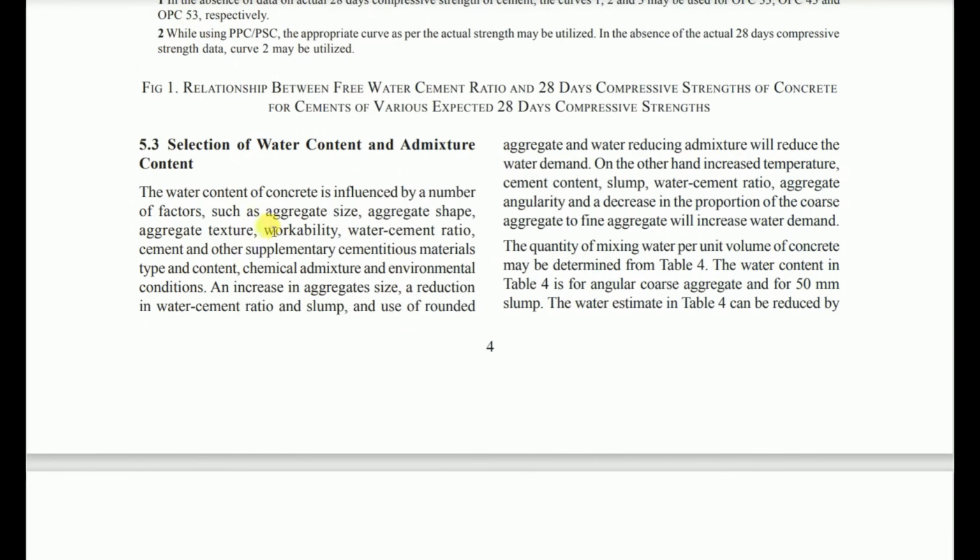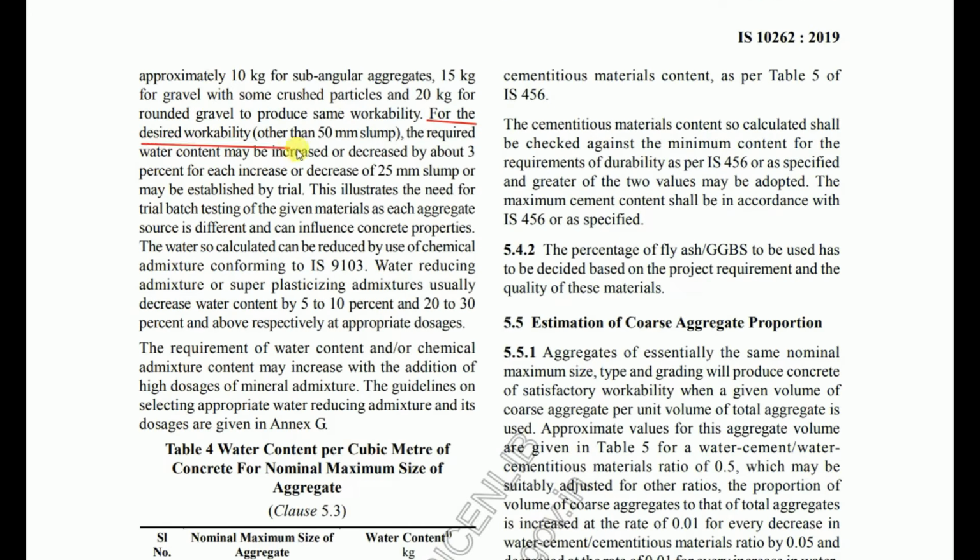Here there is a note which is given in clause number 5.3 for the desired workability other than 50 mm slump. So whatever the water content we have considered here, that is for 50 mm slump. For the desired workability other than 50 mm slump, if the slump is more than 50 mm or less than 50 mm, the required water content may be increased or decreased by about 3% for each increase or decrease of 25 mm, or may be established by trial.